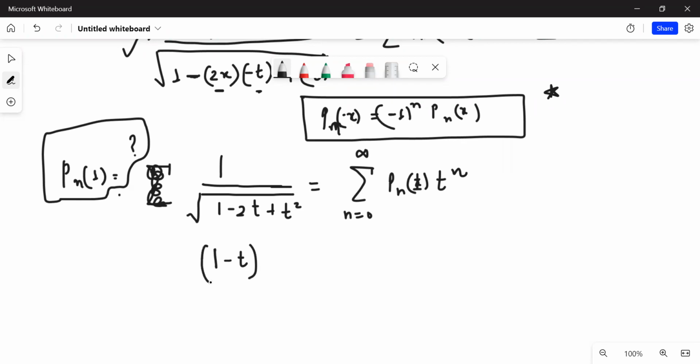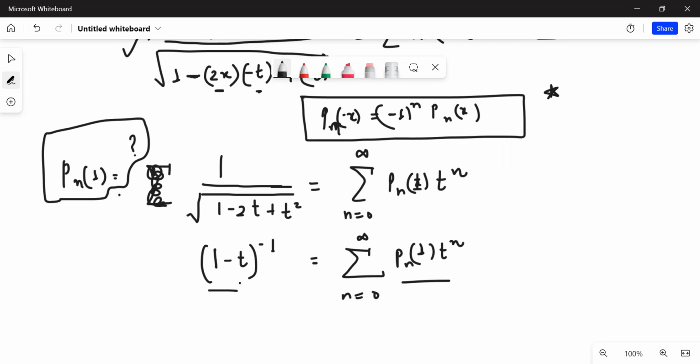This is 1 minus t square, clearly, and this is raised to power 1 by 2. So this is 1 minus t square raised to power 1 upon 2. So this will give you 1 minus t raised to power minus 1. So this is from n equal to 0 to infinity, this is your Pn(1), and then you have this t raised to power n.